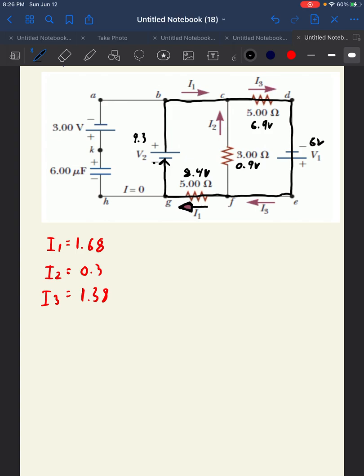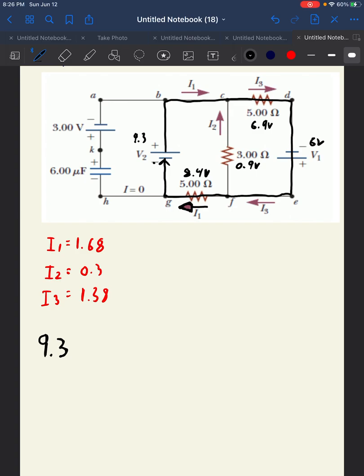Let me think. We know I3 and I2, so we could do this right here. Yeah, let's do this. So let's draw this equation.